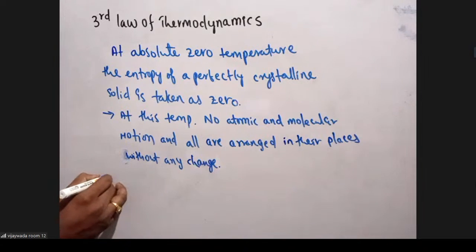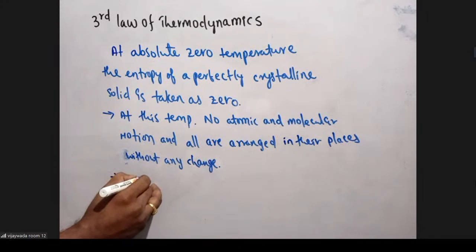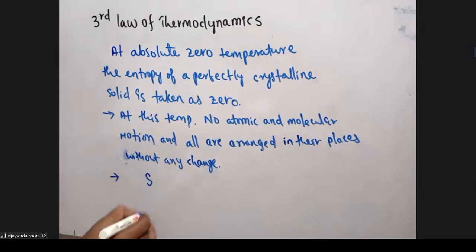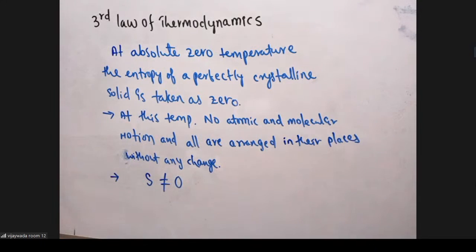Suppose at absolute zero, they have given that the entropy of a system is not equal to zero. Then you can say it is not a perfectly crystalline solid. There is some impurity in the crystalline solid, or there is some disorderness in it.